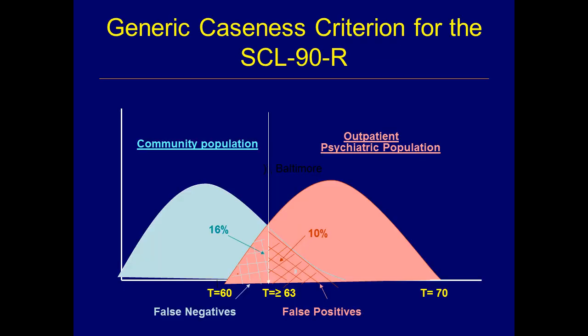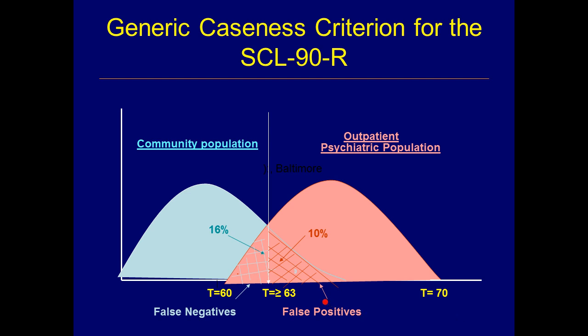Now, caseness is something that is important to establish, and with an inventory such as any of the instruments in the Derogatis checklist series, you'd like to have a caseness criterion when you're using the instrument to screen normal versus disorder. And so what I did here was to build a generic caseness criterion for the SCL-90-R.